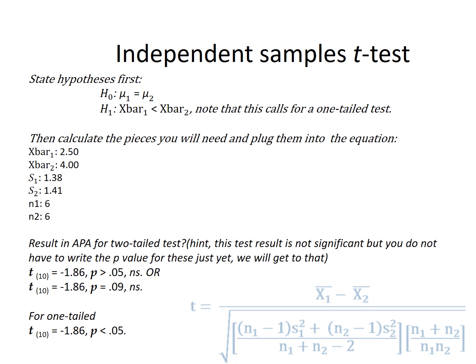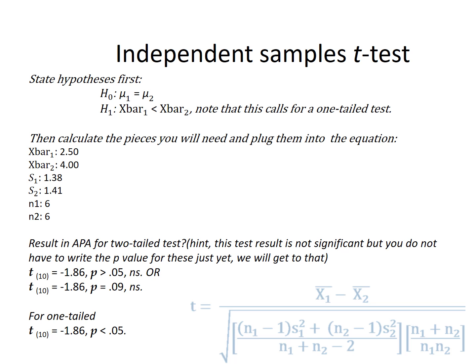Here I've noted for you the pieces we could use in our equation, and I already plugged those in on the previous slide, and we yielded that result of approximately a negative 1.87 or a negative 1.86, depending on where you rounded.